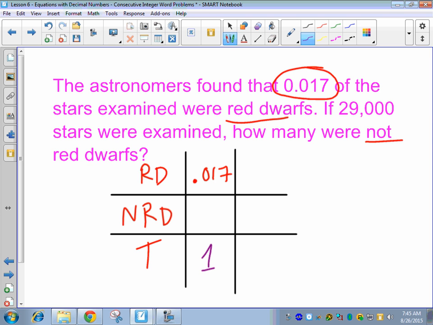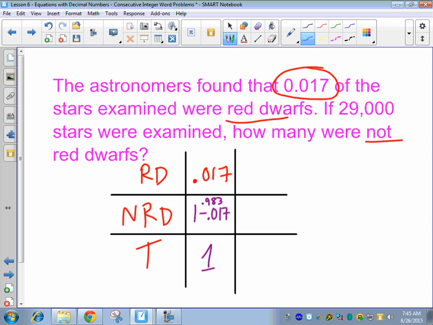Sam? Yes. Okay, 1 minus that decimal. So if 0.017 are red dwarfs, anybody got what that actually is? 0.983. Okay, so we always get that by doing 1 minus.